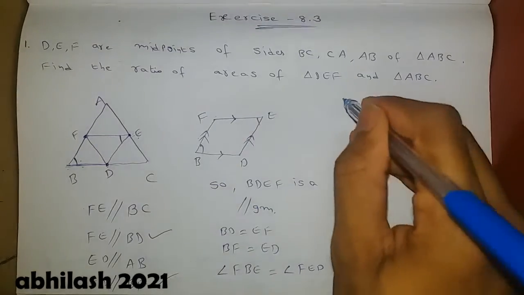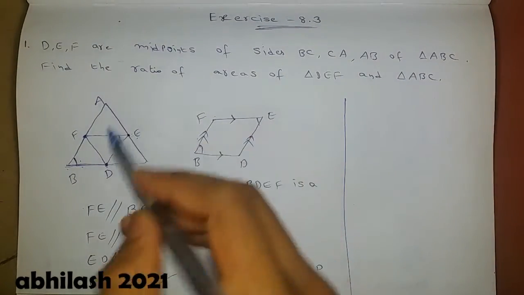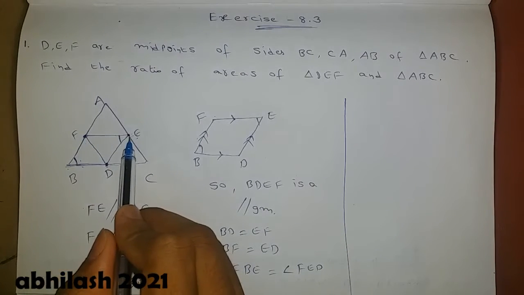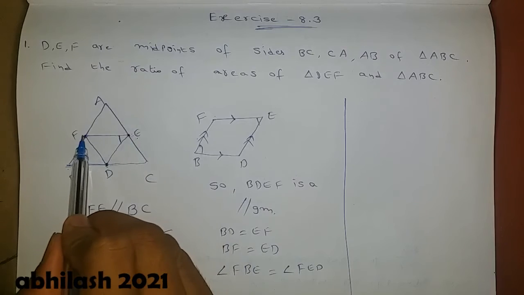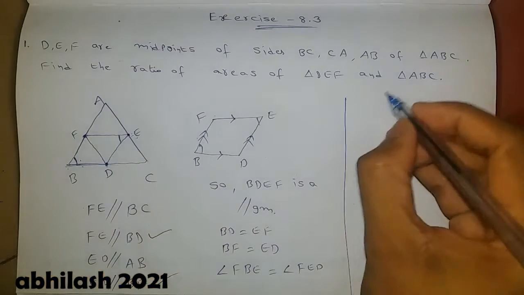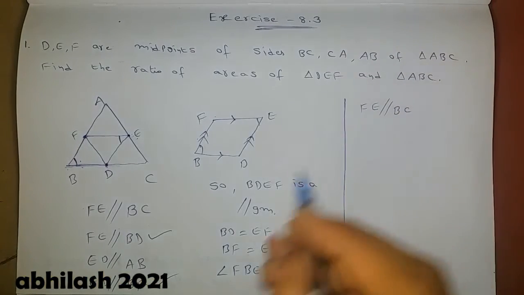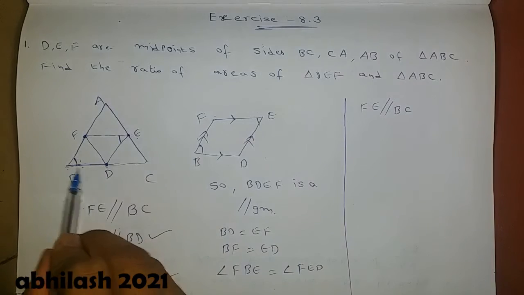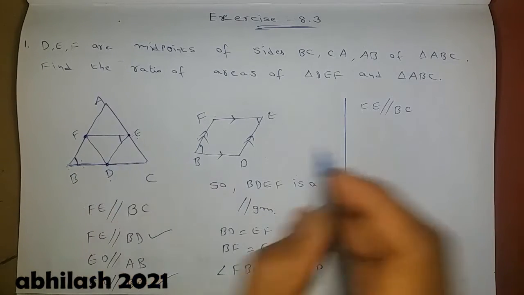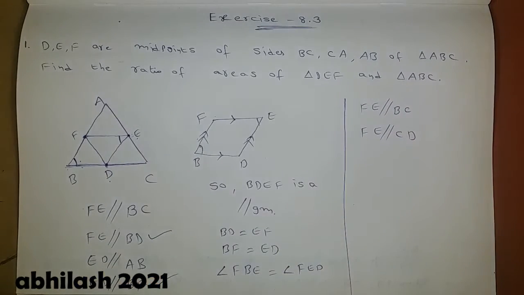Okay, next. Now I will take FE. F is the midpoint as well as E is the midpoint. So this FE line will be parallel to the third side BC. If FE is parallel to the total line BC, then obviously it is parallel to the half line CD also. So FE is parallel to CD.